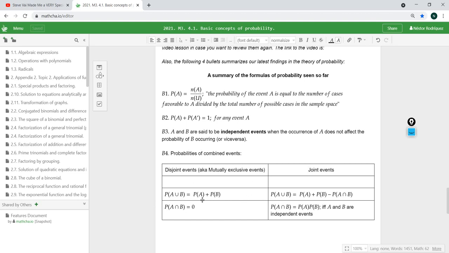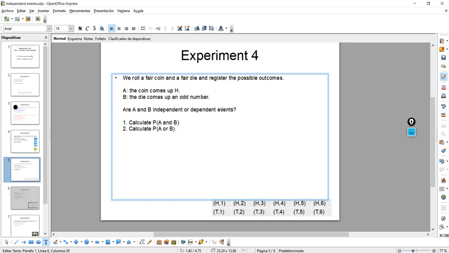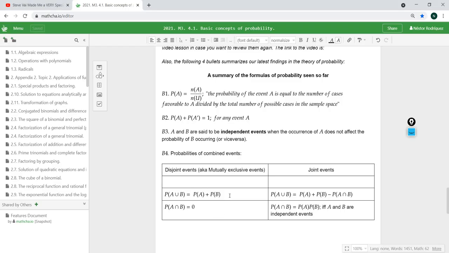So in this case, since we have these two events, remember that we can basically consider these two formulas as the same, right?